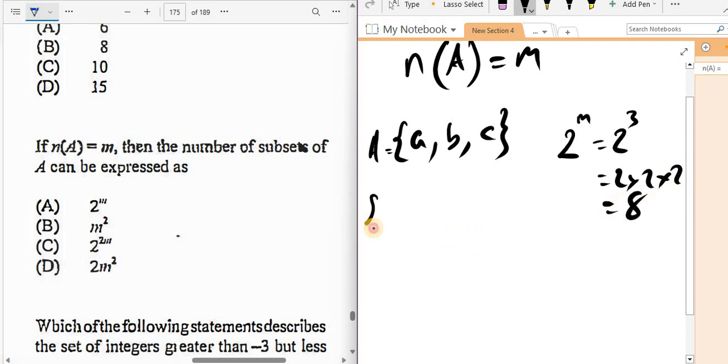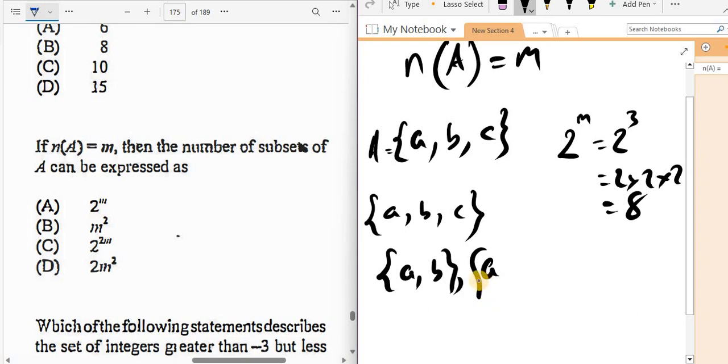So if you look at it, the improper subset will be A, B, and C, right? Subset of itself, improper subset, we call that. But we can also get double sets: A with B. What else? A with what? A with C. Double elements, B and C. Any other combination?